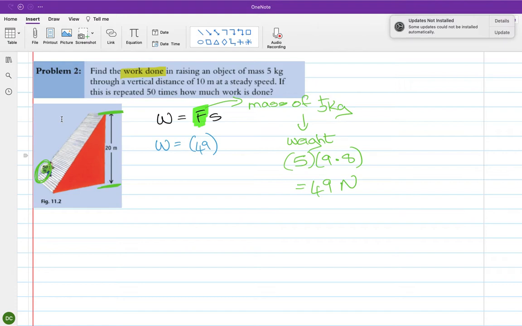Now, the S. We know that the S stands for displacement, and this is where the fact that it's displacement is important. The guy is carrying the bag up the stairs.